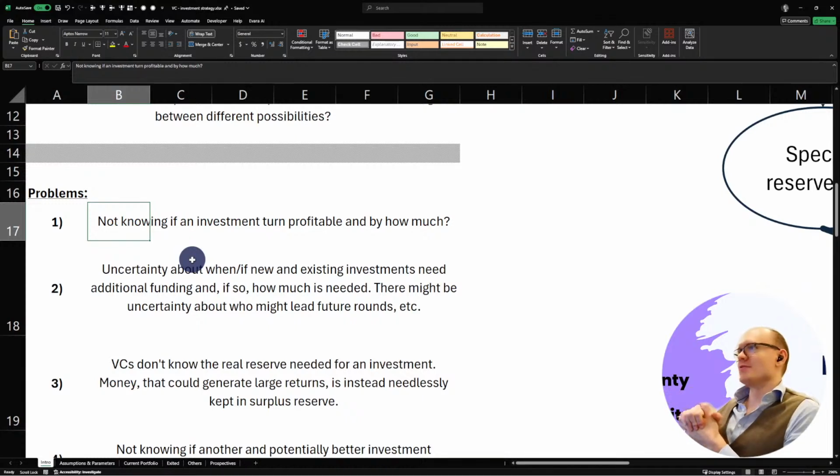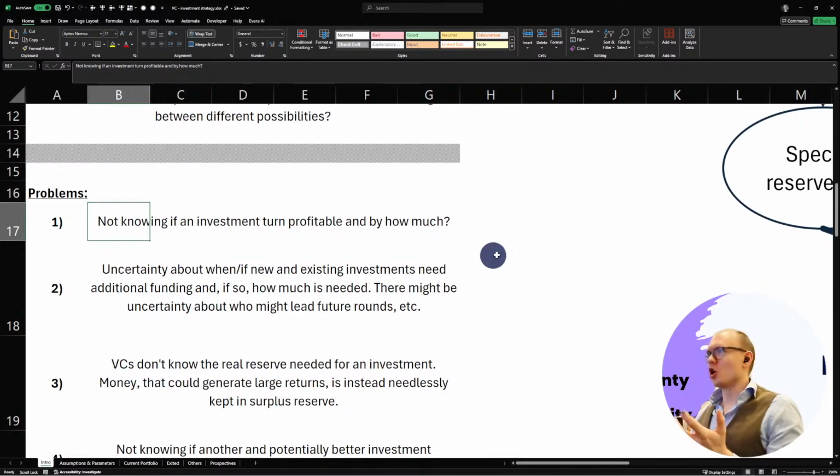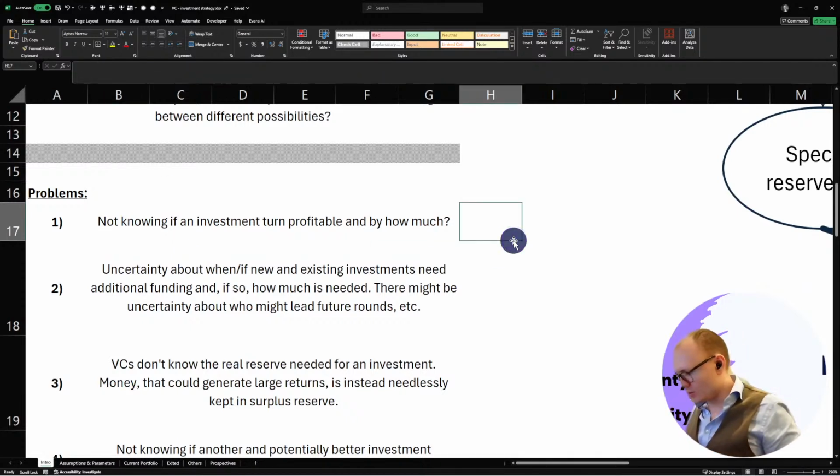You can imagine if we knew that a particular investment was going to be profitable in the end, all we would really care about is trying to decide whether or not, let's say, and I actually also have this available here so I can actually draw.